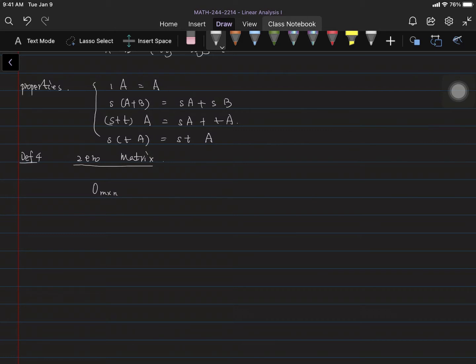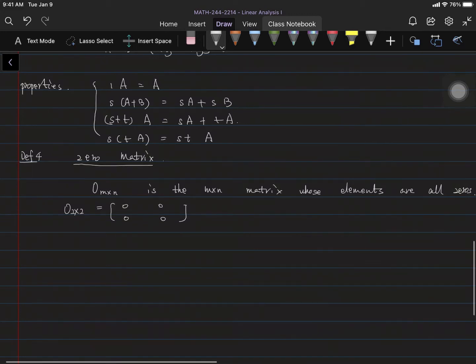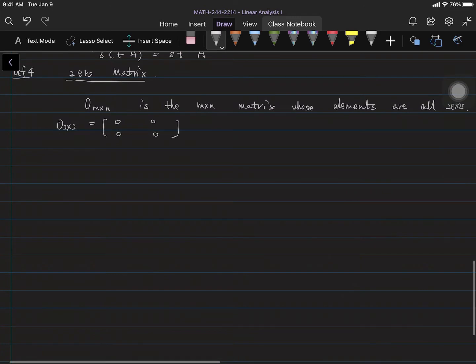So this is the m by n matrix whose elements are all zeros. For example, if I write down O 2 by 2, this is not 0, this means zero matrix. So it should be a 2 by 2 matrix with all the elements 0, something like that.